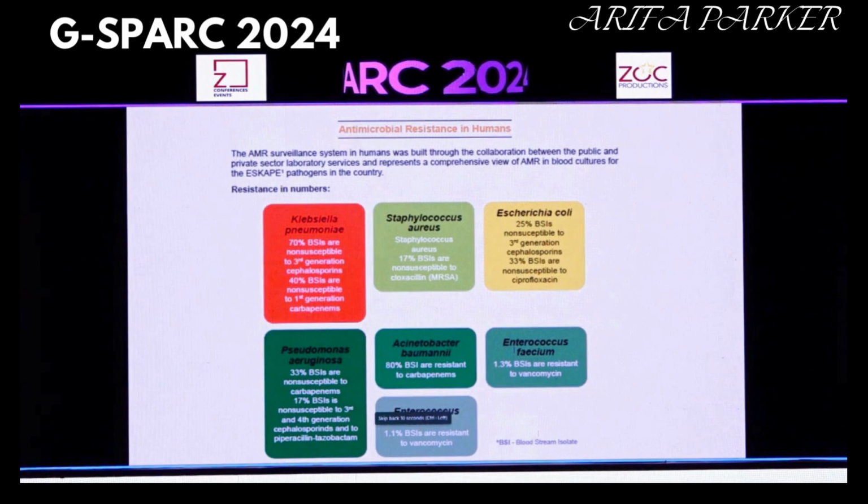So when we look at antimicrobial resistance patterns, and this was data from public and private sector laboratories, they reviewed blood cultures for the escape pathogens in the country. Klebsiella pneumoniae was the most common.